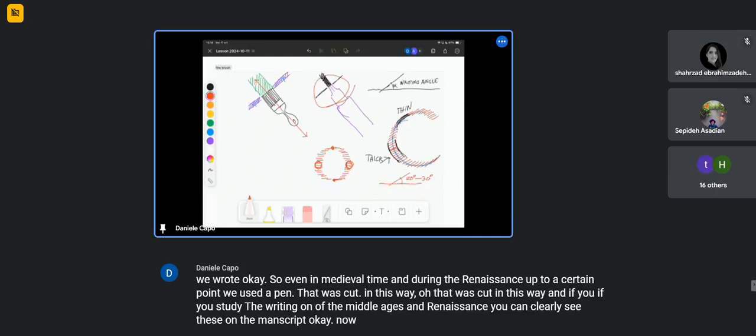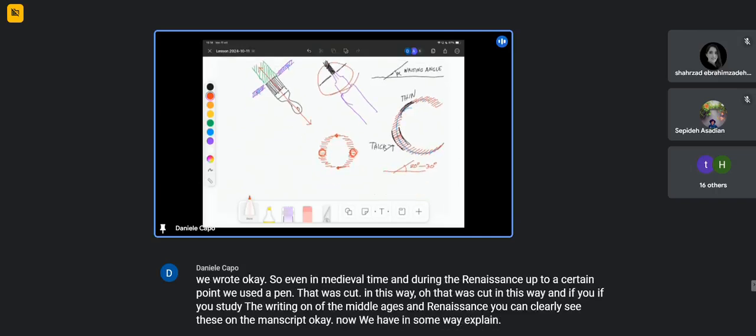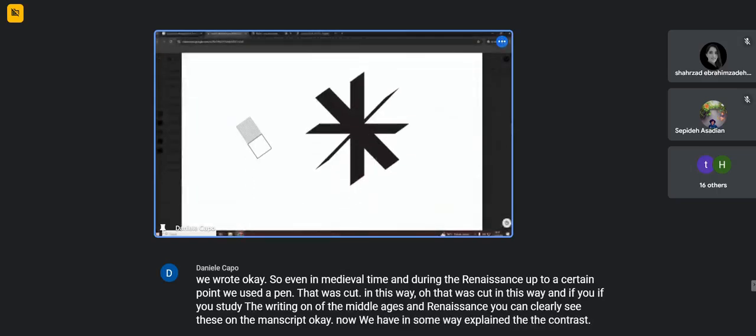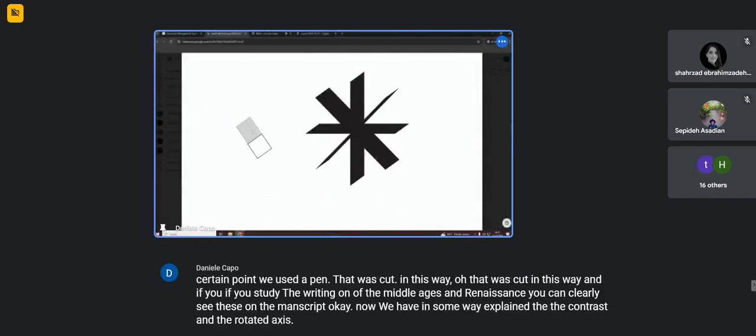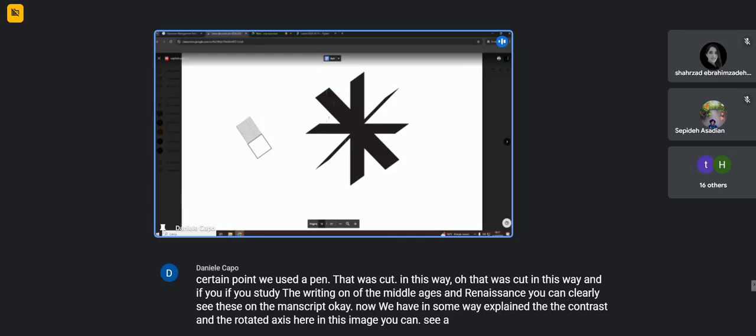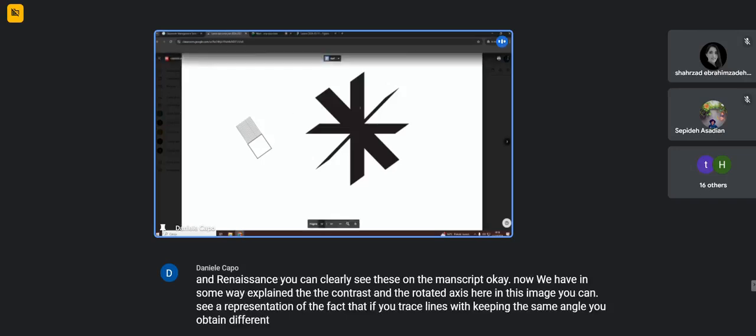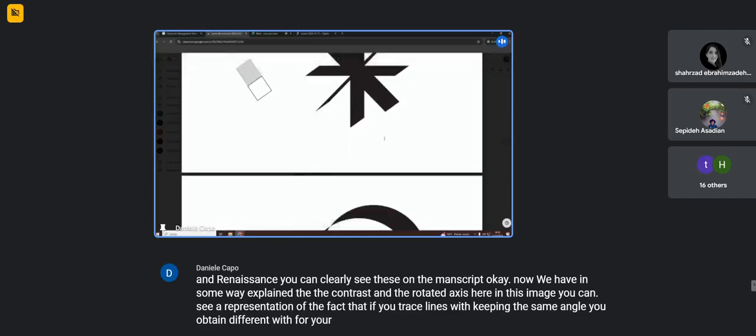Now we have in some way explained the contrast and the rotated axis. Here in this image you can see a representation of the fact that if you trace lines keeping the same angle, you obtain different widths for your strokes.